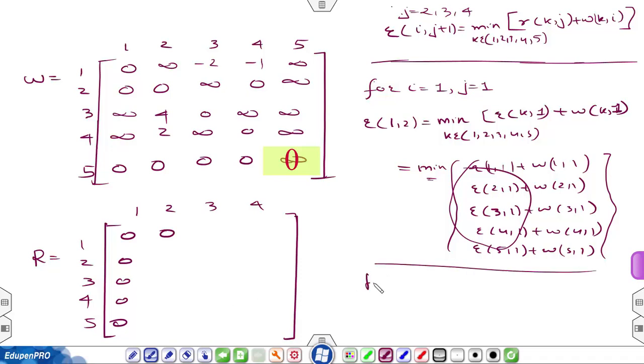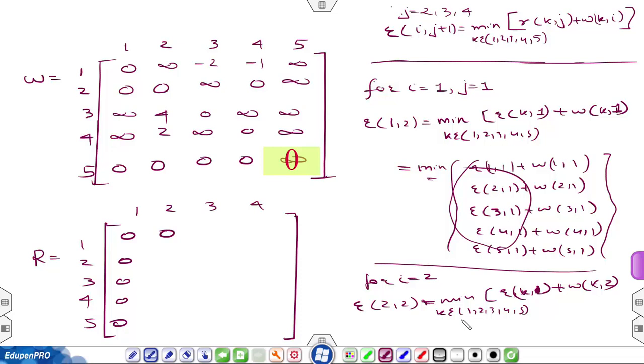Now for i equal to 2, the expression will become R of 2 comma 2, minimum for k belongs to 1, 2, 4, 5, of R of k comma 1 plus w k comma 2.